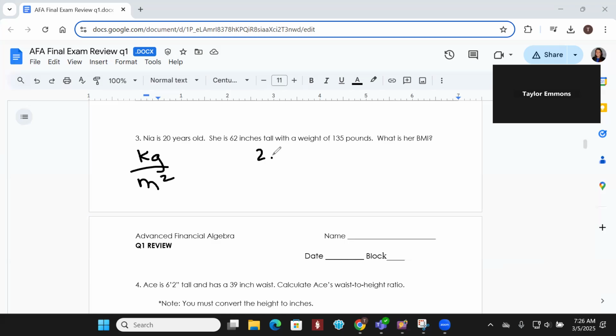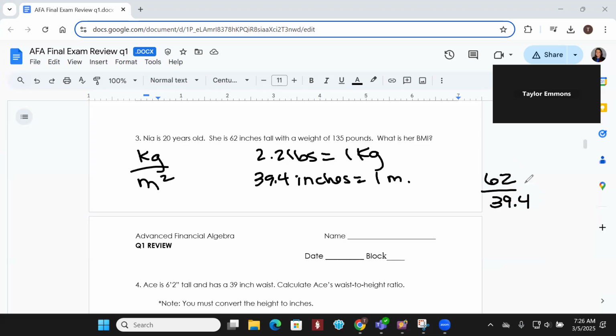We know that 2.2 pounds is equal to 1 kilogram, and 39.4 inches is equal to 1 meter. You kind of need to know those already. So we're going to take 62 and divide it by 39.4, and take 135 and divide it by 2.2.